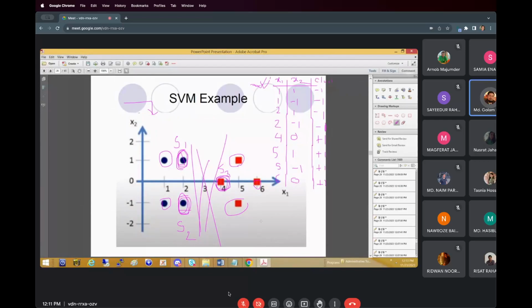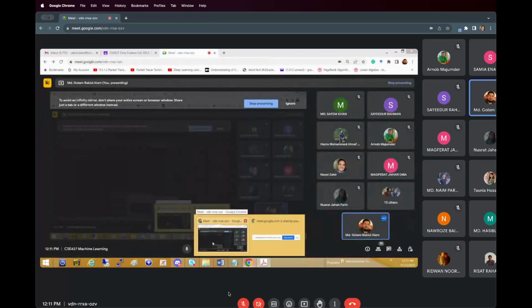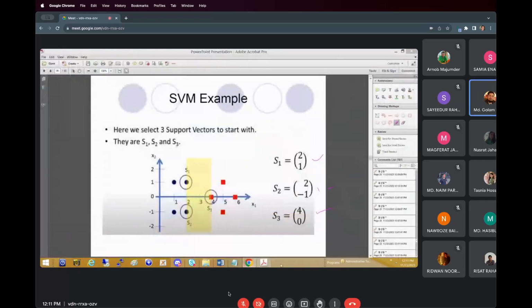If we consider our support vectors S1, S2 and S3, then S1 is (2, 1), S2 is (2, -1), and S3 is (4, 0). So these are the three support vectors.